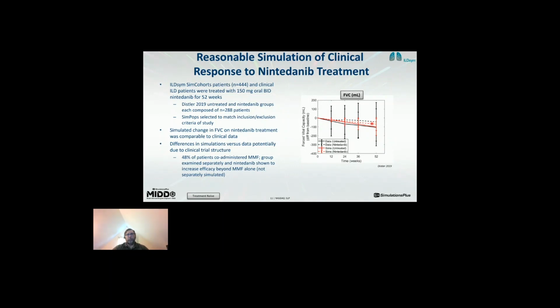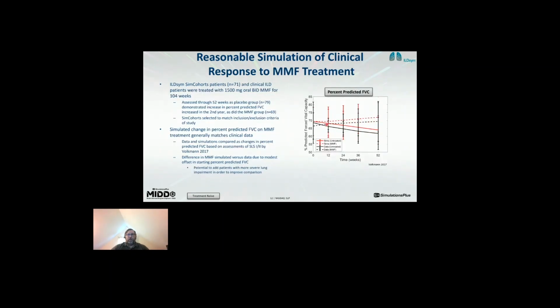In terms of mycophenolate, the overall trend, so again, we're matching the patient groups, the trend of percent predicted FVC over that 52 weeks. And if you imagine these lines shifted, they basically lie on top of each other. So we're predicting the treatment trends almost exactly.